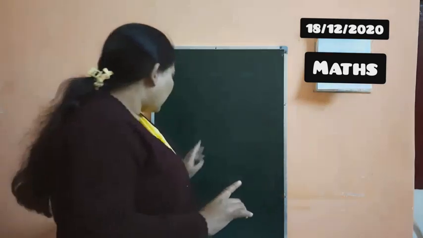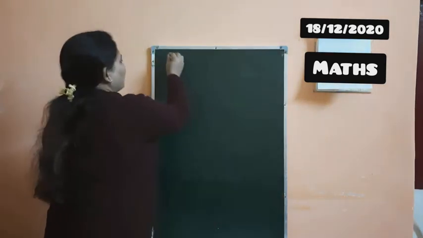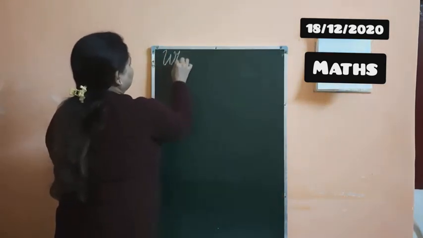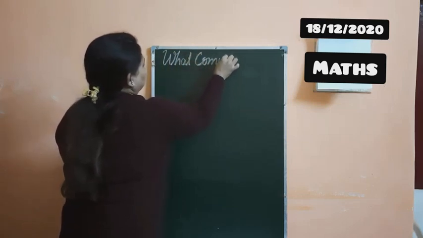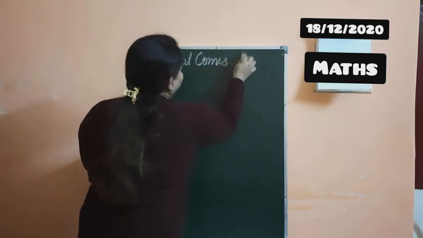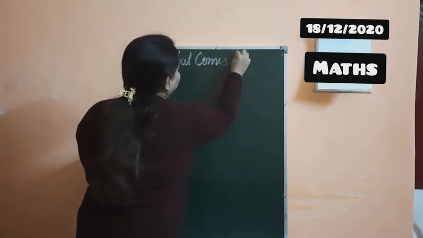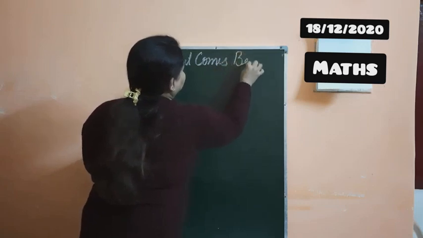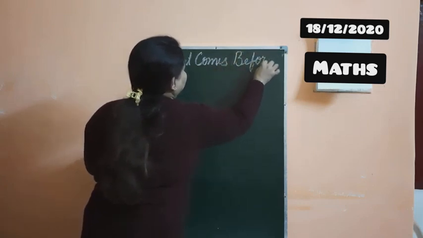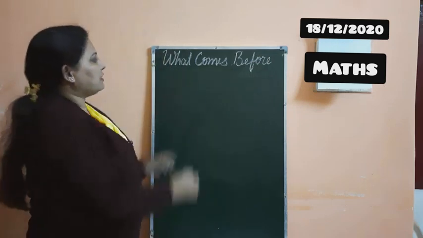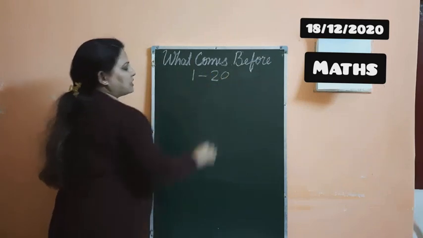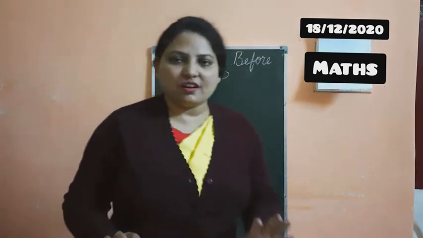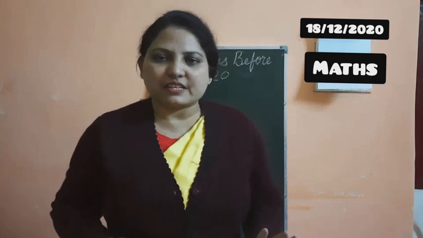It will come between 1 to 20 numbers. And 1 to 20 numbers all know: 1, 2, 3, 4, 5, 6, 7, 8.